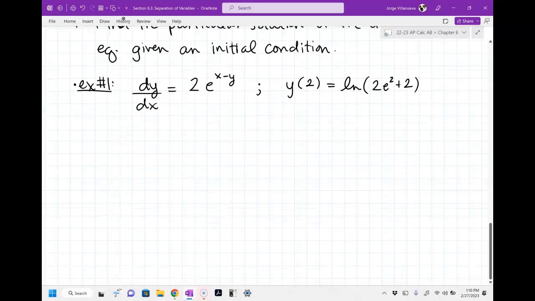So there's my initial condition. Now I know y of 2 looks kind of weird, but that's the same as f of x. Okay? So y of 2, that means x is 2, and y is ln of 2e squared plus 2. Right now we'll figure out what that value is.